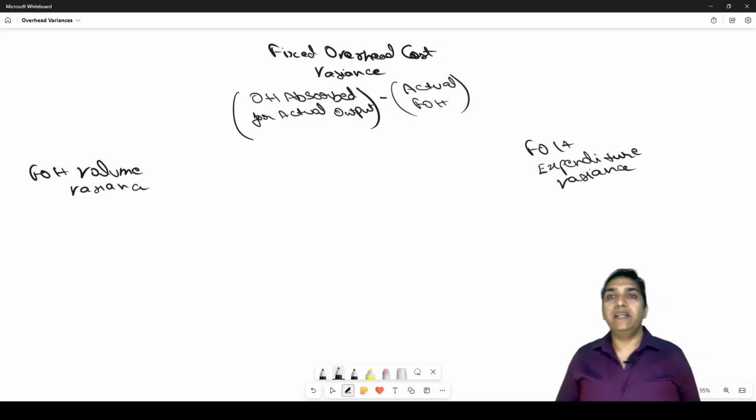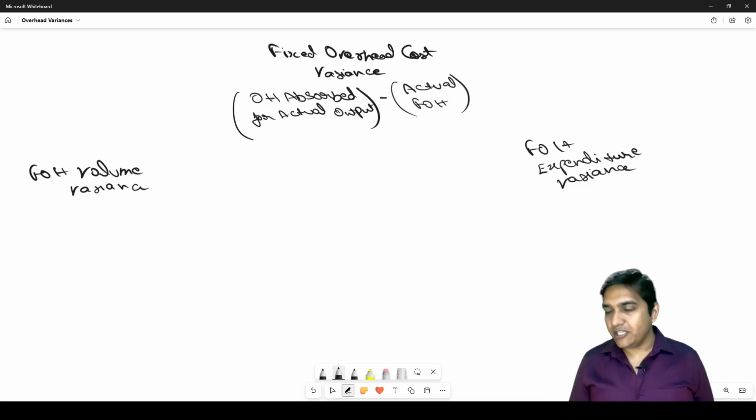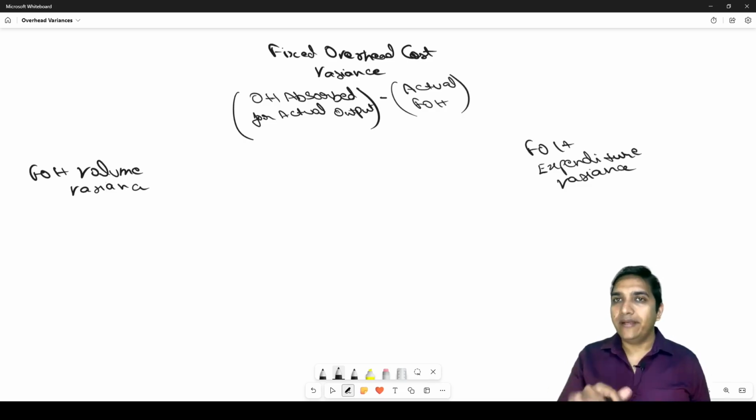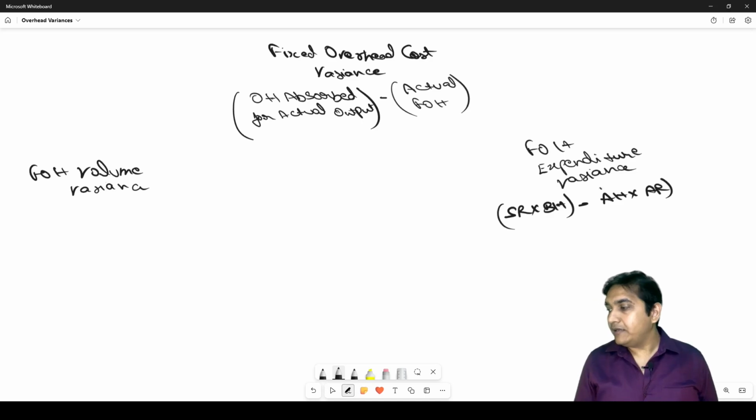First let us see fixed overhead expenditure variance. It is similar to what we did in variable overhead. We take our standard rate into budgeted hours minus actual hours into actual rate, right?